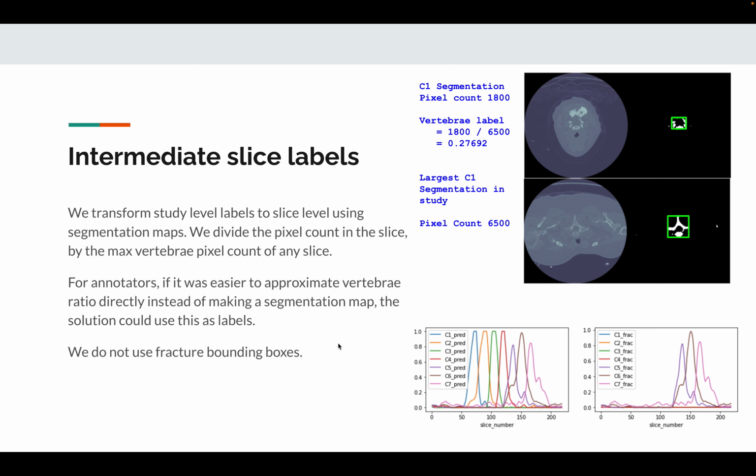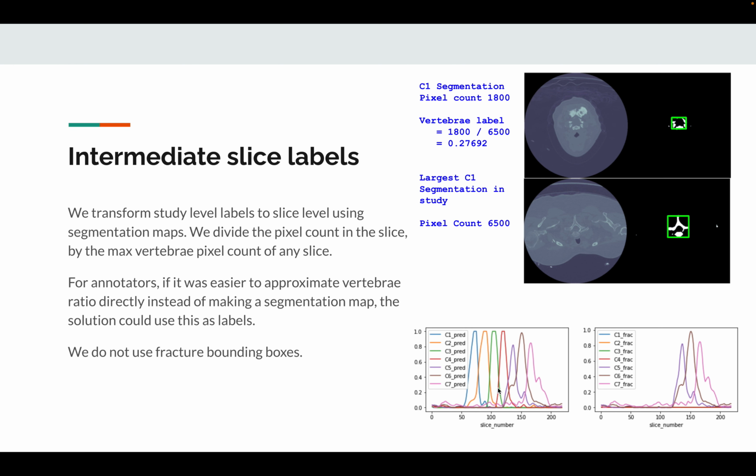Just one comment on this. It would make it easier for annotators just to roughly label up in each slice how much of each vertebrae we see. So instead of creating a segmentation map, just put in a rough ratio of what percentage of the vertebrae is seen in each slice.